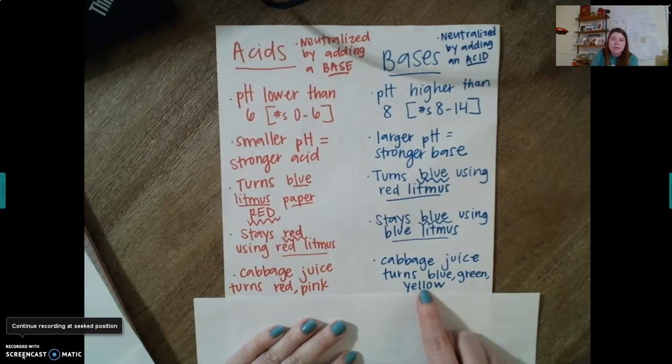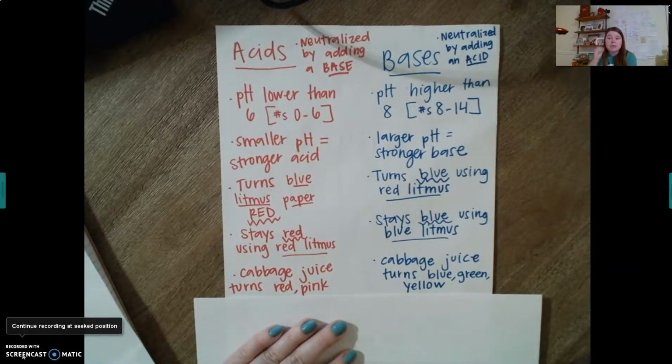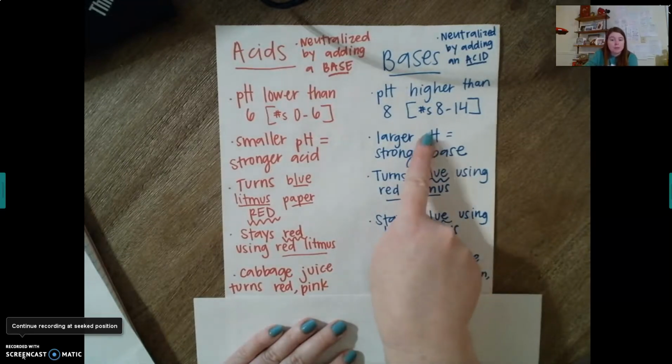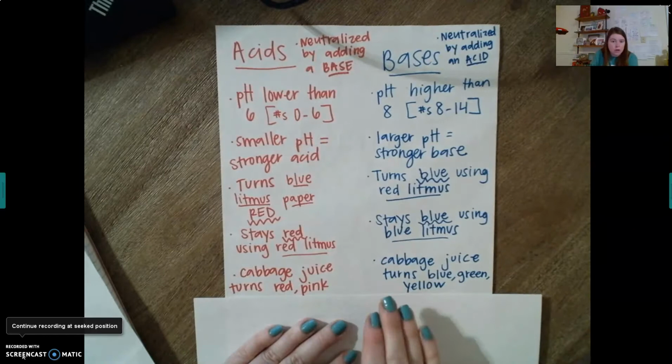Yellow is going to be my strongest bases, blue are going to be my weaker bases, and green are going to be somewhere in the middle. I know that on some pH scales, neutrals are qualified as green, so you want to be really careful when you're looking at the pH scale, not to just look for colors, but more specifically look at the pH numbers, because those numbers are not going to alter, whereas the colors in the scale being looked at might be different.